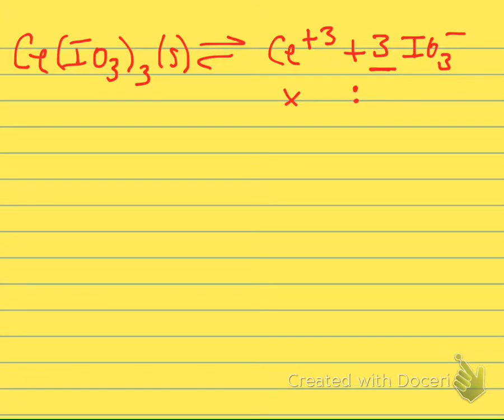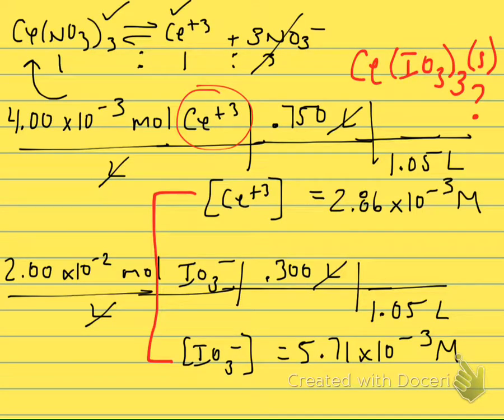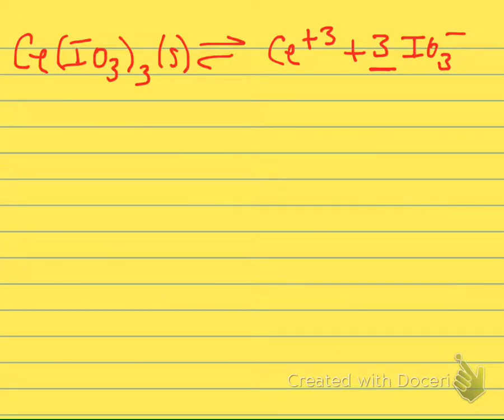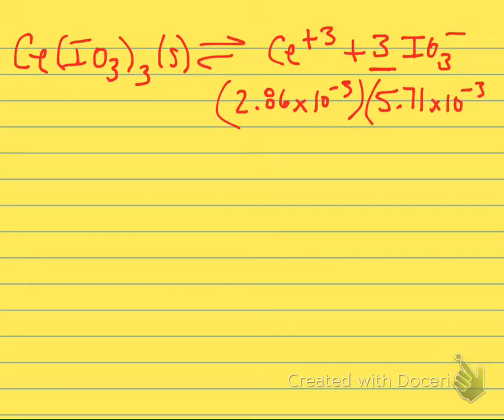And so if we take a look on the previous page, our values for Ce plus 3 are 2.86 times 10 to the negative third, and my IO3 minus is 5.71 times 10 to the negative third. And importantly, I need to remember this coefficient goes up top. I have to cube that value. I can't forget to do that.